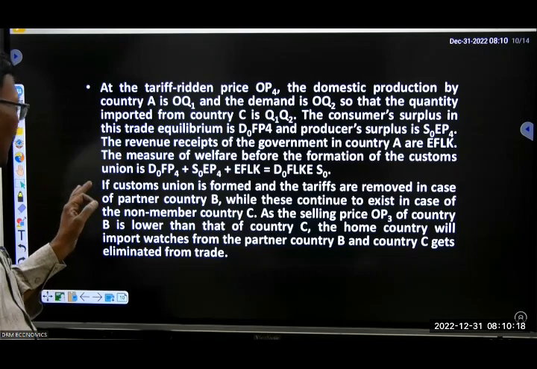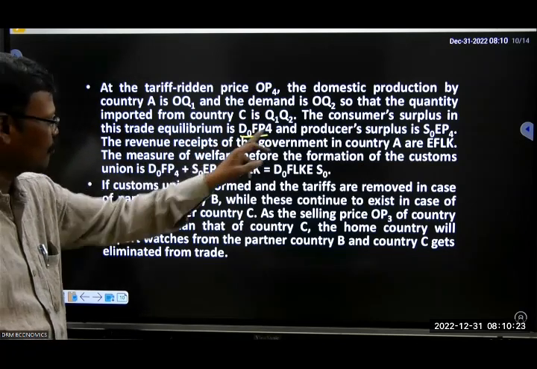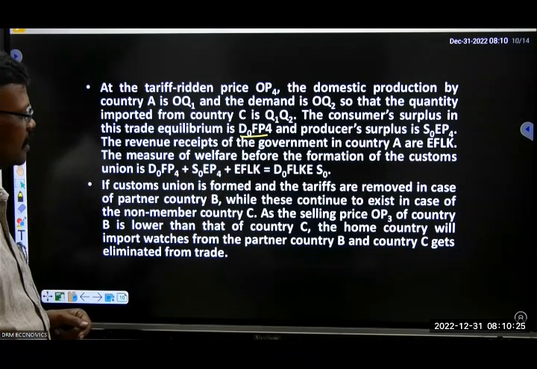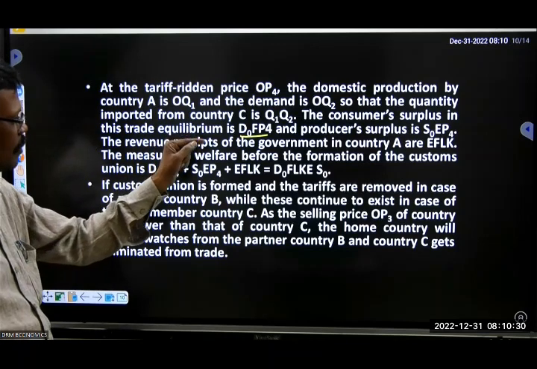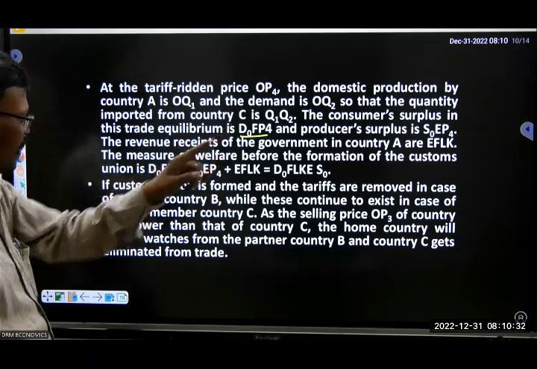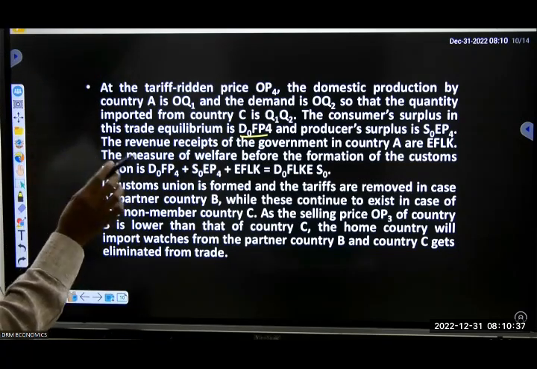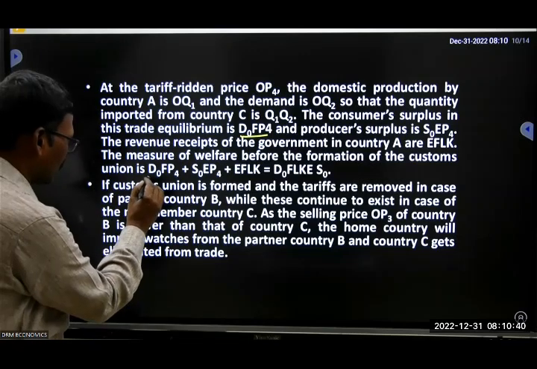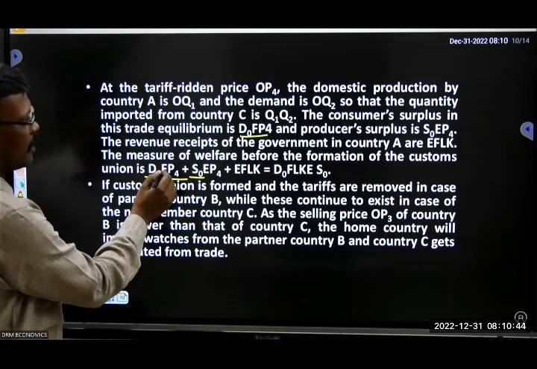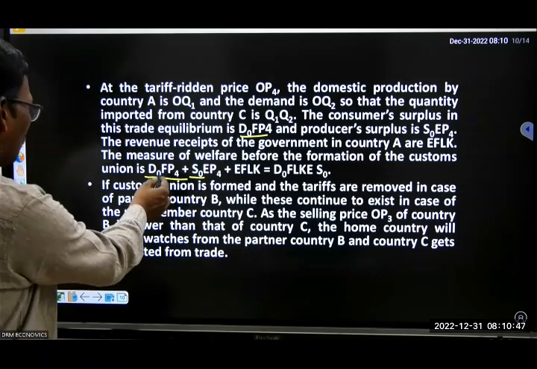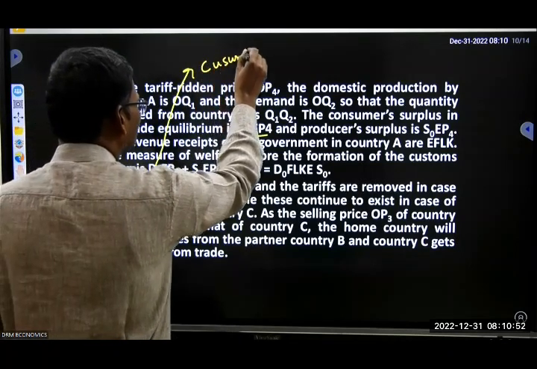The consumer surplus in this trade equilibrium is D0FP4 and the producer surplus is F0EP4. The revenue receipt of the government in country A is EFLK, that is the tax. The measure of the welfare before the formation of the customs union is D0FP4 plus the rest, and D0FP4 is nothing but the consumer surplus.